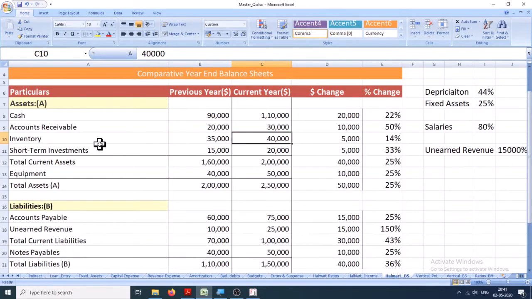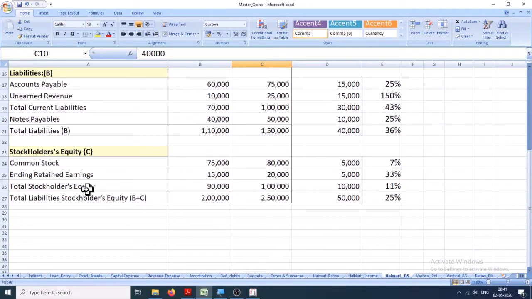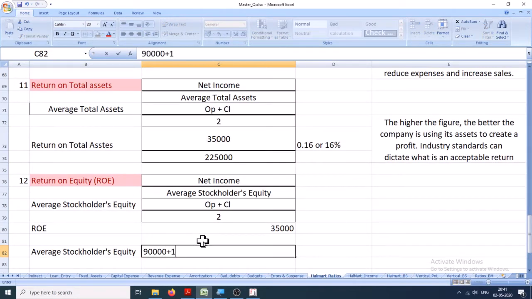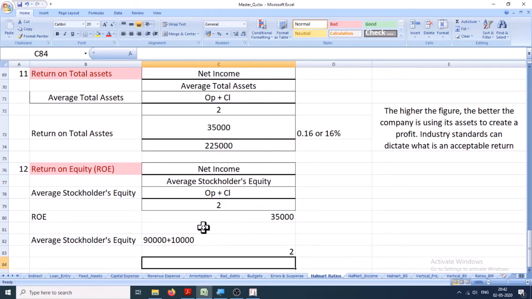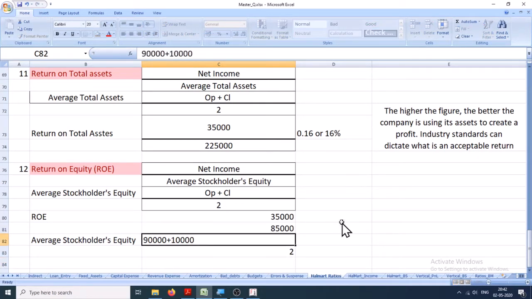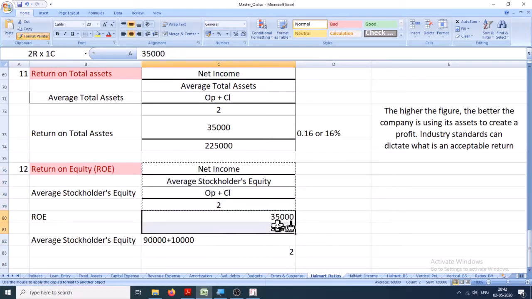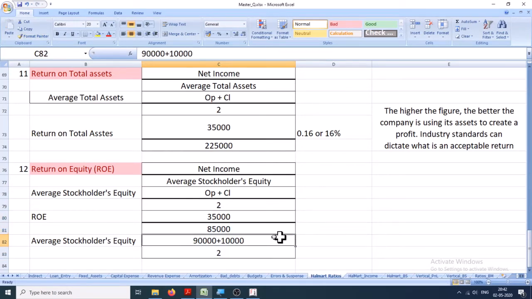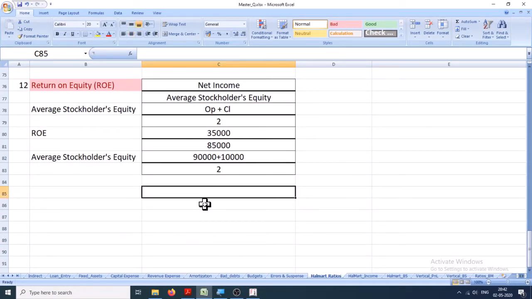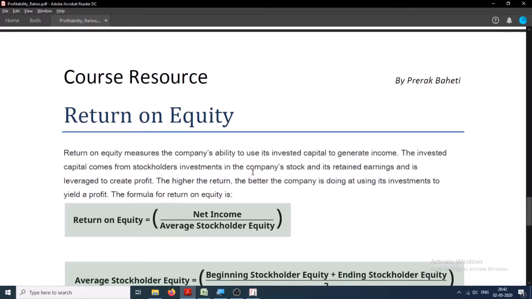Go to the balance sheet; right here you can check the stockholders' equity change. 90,000 plus 1 lakh, divided by 2, and the amount will come to 85,000, I guess. You can go ahead and calculate. And 35,000 divided by 85,000 gives 0.411. So let's check it.